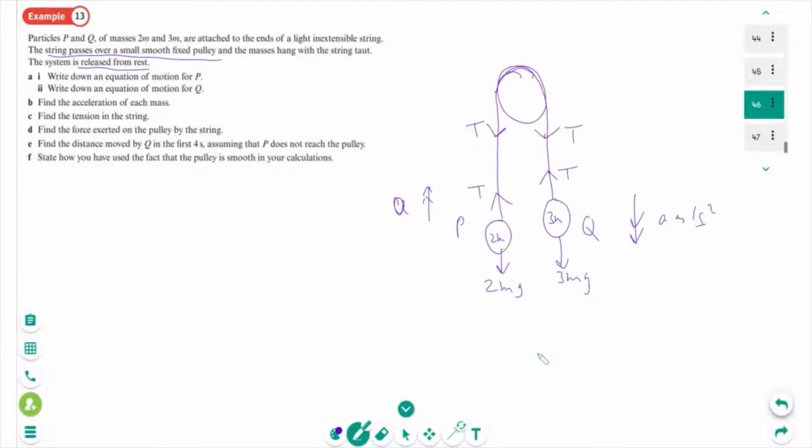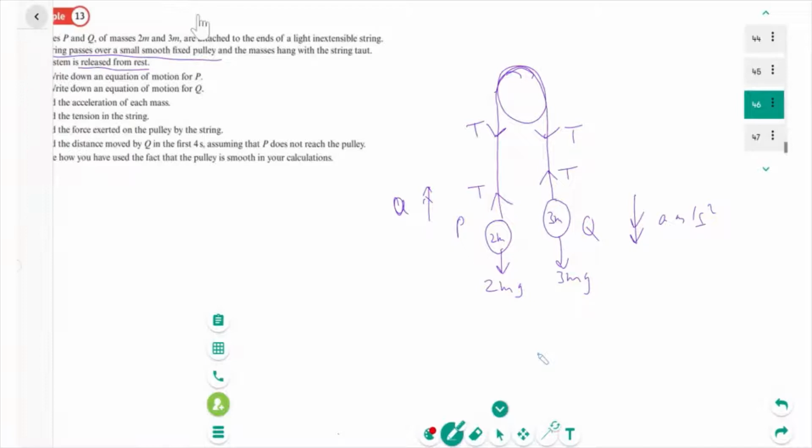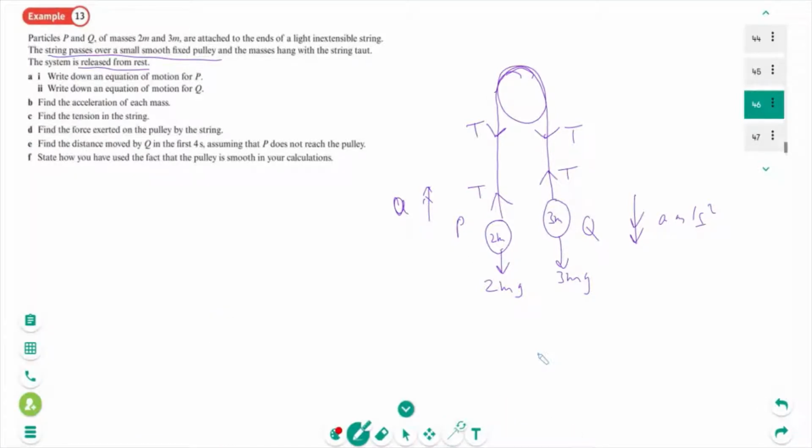Okay, so what do you need to do? You want to find the equation of motion for each particle. The equation of motion means you just need to apply F equals ma to each particle separately. So for part A, if we look at particle P, particle P is moving upwards. There are two forces on particle P, T and 2mg.